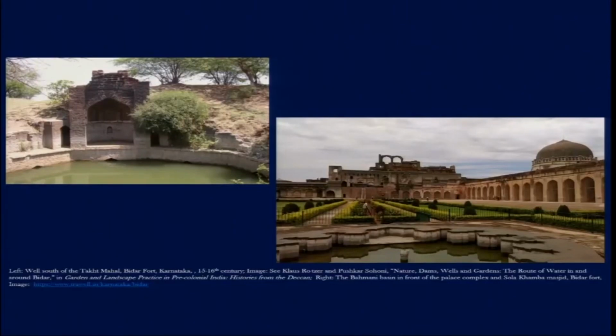Here we see that a similar kind of logic had also played out, that the Bahmani sultans, the rulers, were also in the process of transforming this land near Bidar and Gulbarga, these two cities that we have already addressed to be of prime importance during the Bahmani time period.